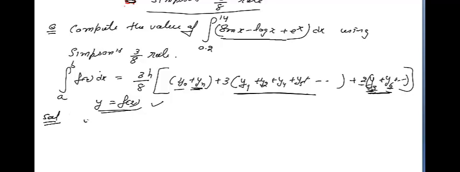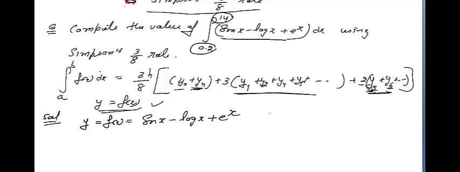So if you see this question, this is f(x). In the solution, y is equal to f(x), that is sin x minus log x plus e raised to power x. Now one more thing you have to decide, that is h. h is the step value, as you want to move from a to b, where a is equal to 0.2 and b is equal to 1.4.